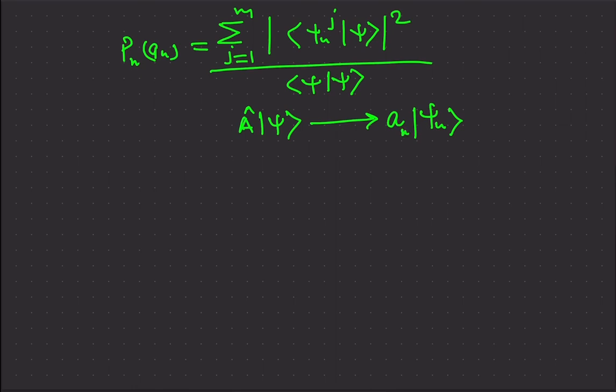If the system is already in eigenstate ket psi n of an operator, a measurement of A yields with certainty the corresponding eigenvalue an. That is, if the system is already in an eigenstate psi n, then operating the operator A on ket psi n will certainly yield an eigenvalue an.